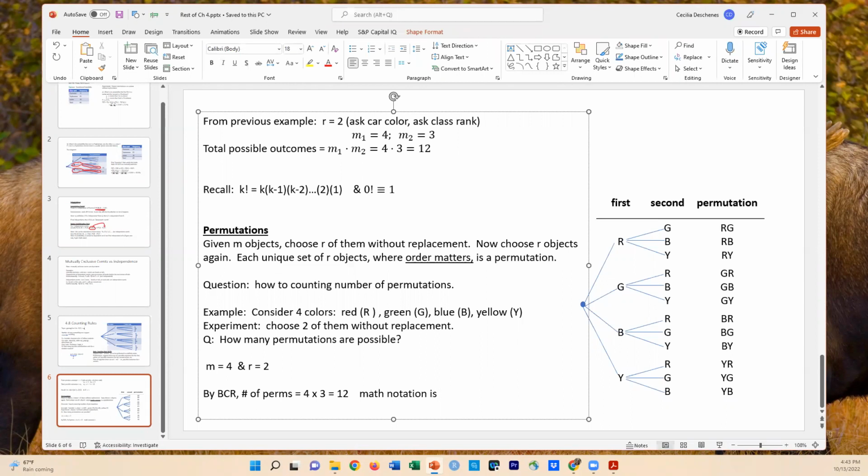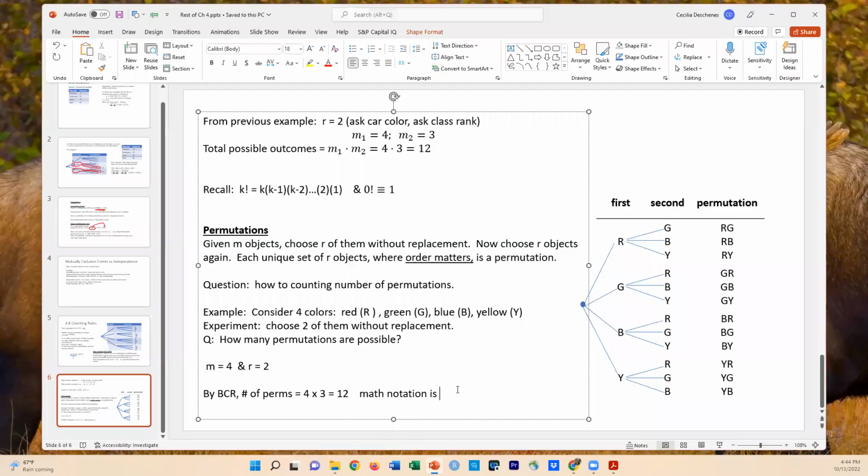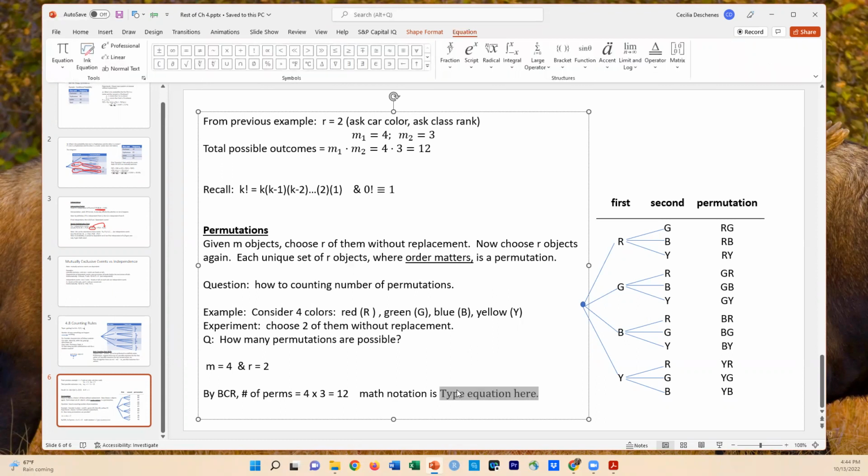So it's P with subscript 4, which is the number of objects, P permute 2.